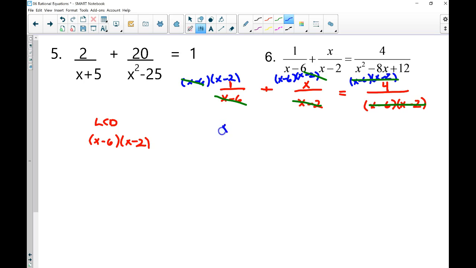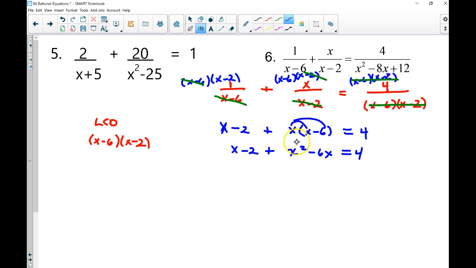I'm left with x minus 2 plus x times x minus 6. Be careful not to lose that x here, is equal to 4. I'm going to distribute that x in that second term. Make sure you distribute that x here.